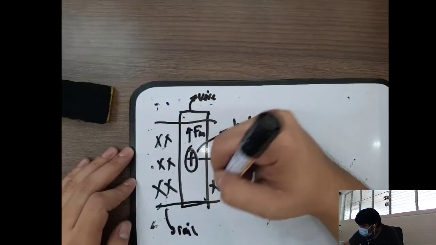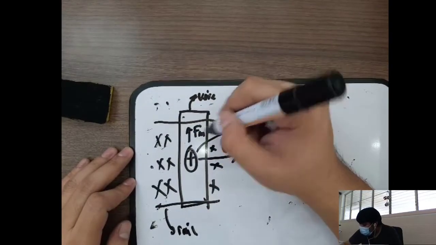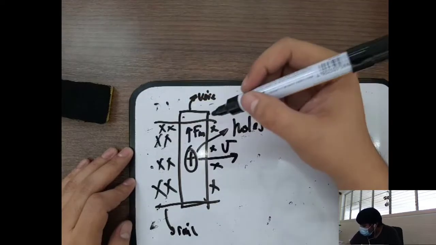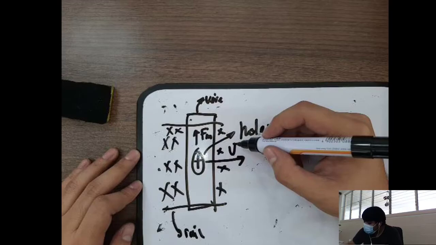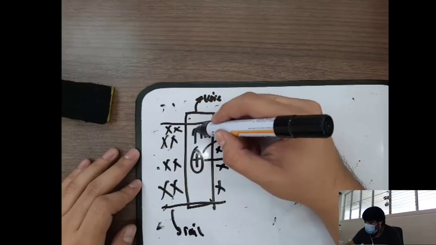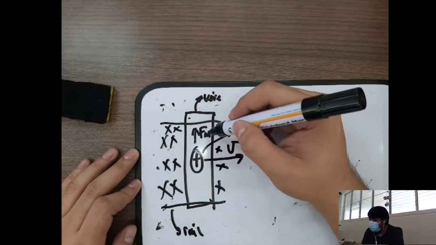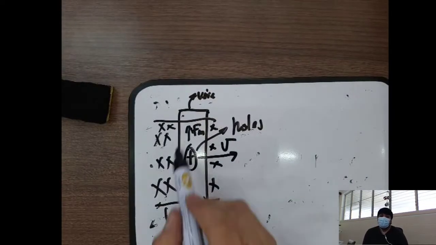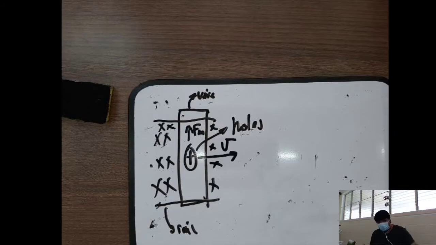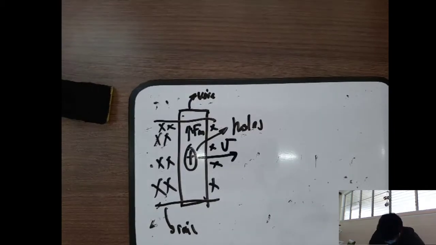So in the presence of the magnetic field, when the conductor is pulled to the right at a velocity v, it experiences a magnetic force upward, which is Fm. The direction of the magnetic force is as predicted by the right-hand rule.